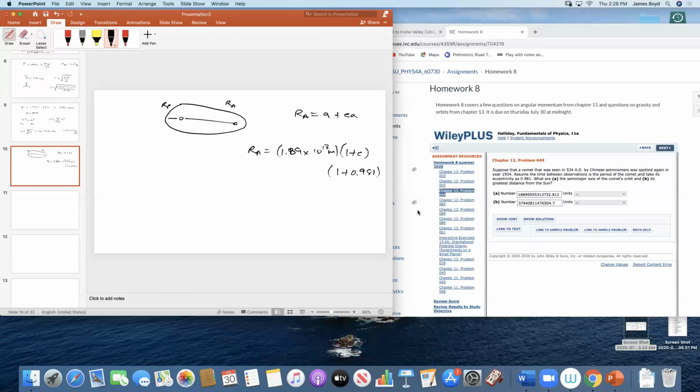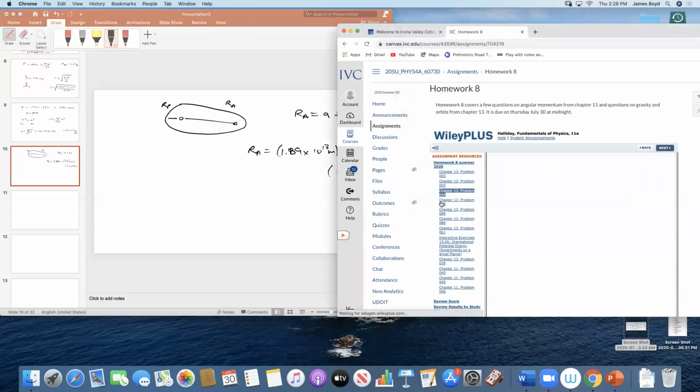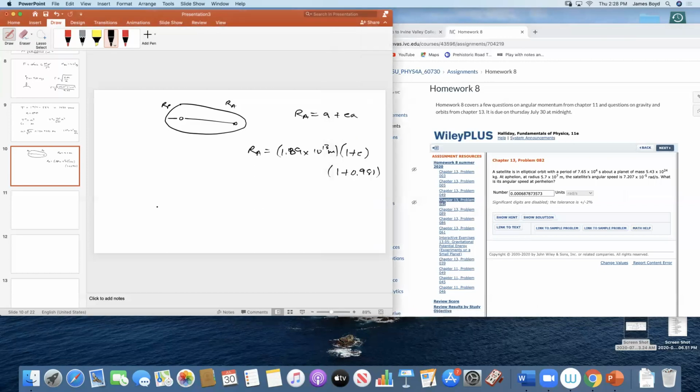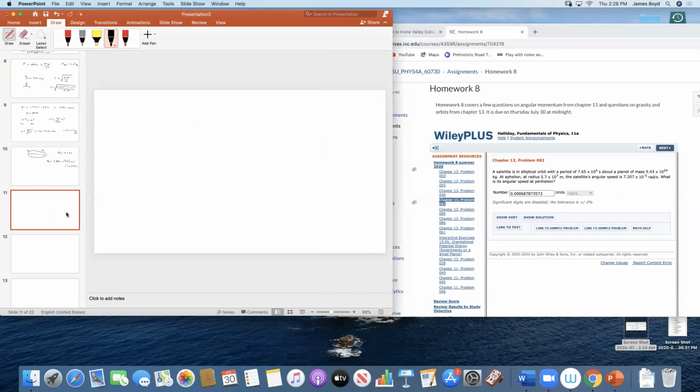Not too hard. We're going to do a little bit more challenging one right now. It's a little bit more challenging because we're not in our solar system. This tells us that a satellite is in elliptical orbit, and it gives us the period T in seconds, 7.65 times 10 to the 4th seconds.